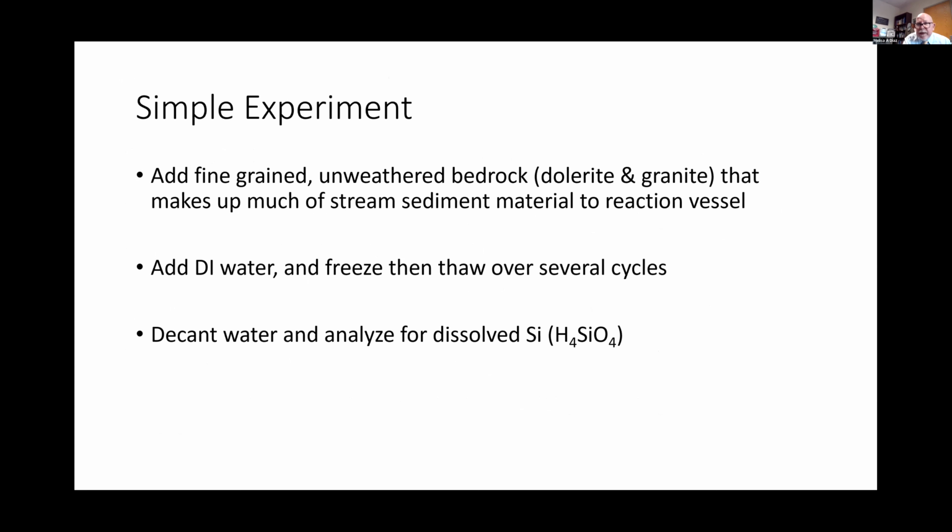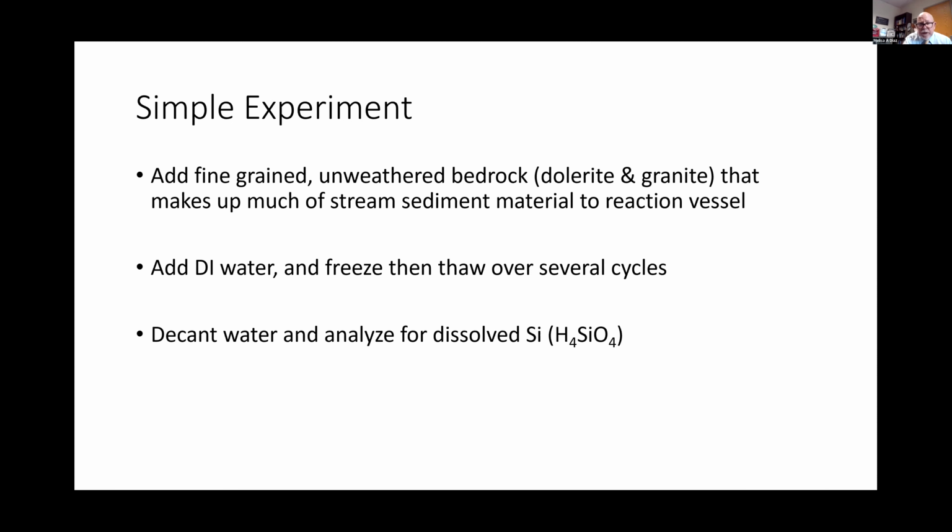We just placed them in a reaction vessel and added deionized water. And then we had one set of experiments that we kept at 7 degrees centigrade throughout. That's our background or control. And then we had another set of experiments, one with the dolerite, one with the granite, which we froze for 12 hours and then thawed for 36 hours for a number of days.